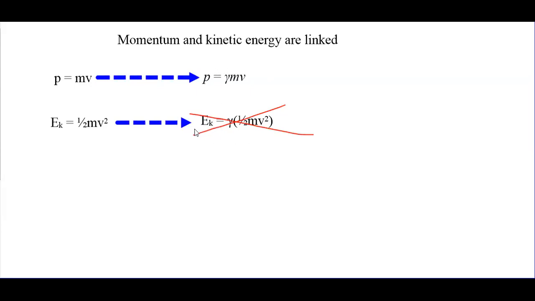When it comes to your kinetic energy, it's not just a matter of tacking on the gamma factor. There's a little bit of, I call it ugly math, because it involves a bunch of polynomials and numerical sequences. So basically, it goes beyond the scope of what this lesson needs to be.